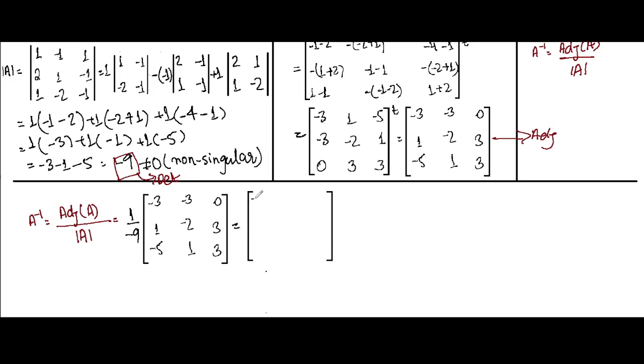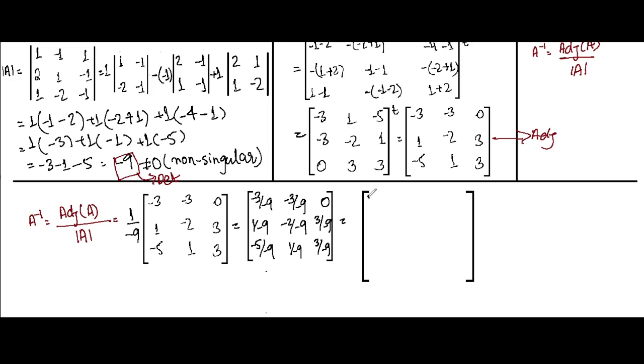So we have -3 by -9, -3 by -9, and 0 divided by anything gives 0. Now we have 1 by -9, then -2 by -9, 3 by -9, again 3 by -9, 1 by -9, and we have -5 by -9, which gives 1 by 3, then -3 by -9 gives us 1 by 3, 0, -1 by 9, 2 by 9, 1 by 3 with a negative sign.